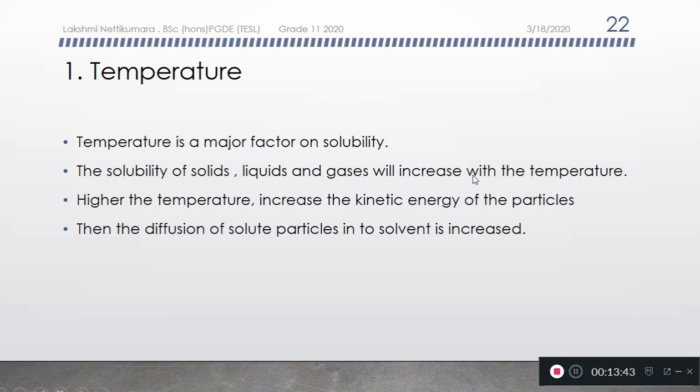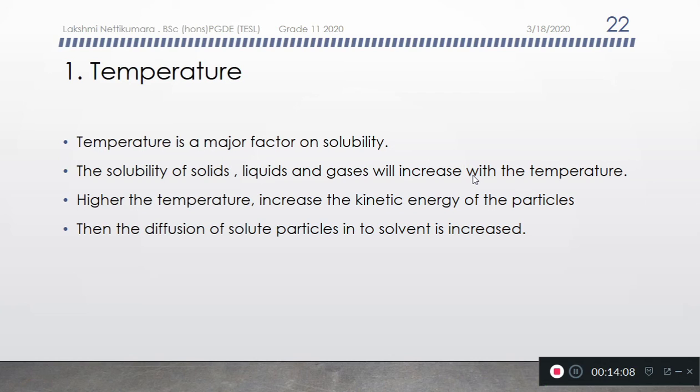If we take these factors one by one, the first one is the temperature. Temperature is the major factor on solubility. You have already learned in grade 10 about the factors effect on rate of reaction also. You learned that higher the temperature, higher the rate of reaction.